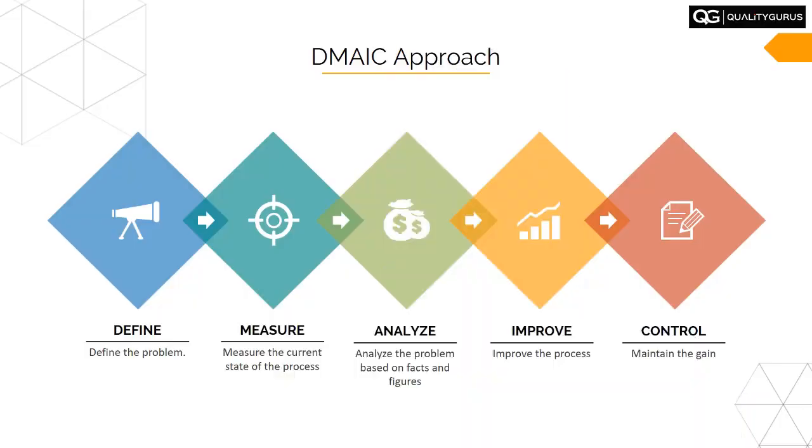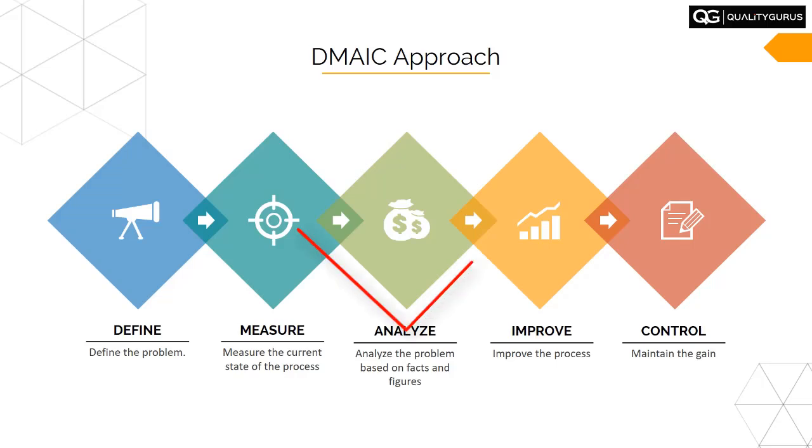Once you have defined the problem, then you do the next step, which is the measurement. You measure your current performance. Why you need to measure your current performance? Because unless you do measurement of your current performance, you would not be able to know whether you have improved the process or not. So that's the reason you need to have the measurement of the current status of the process.